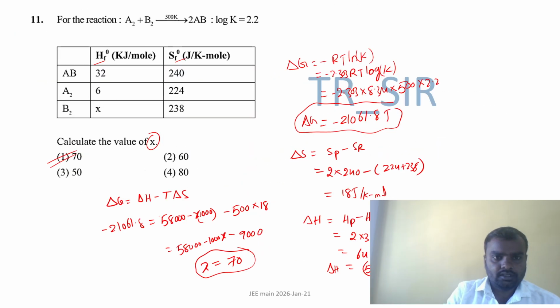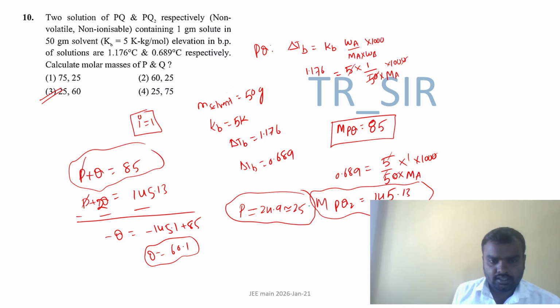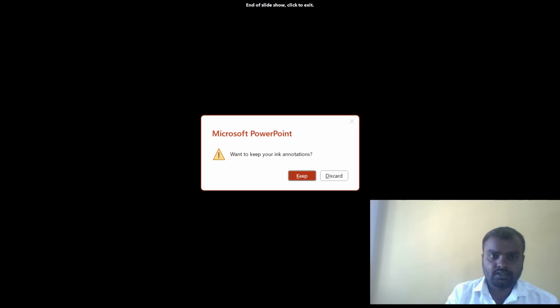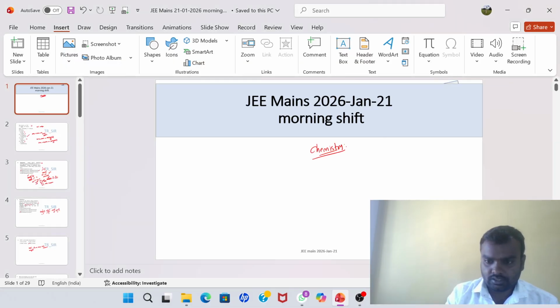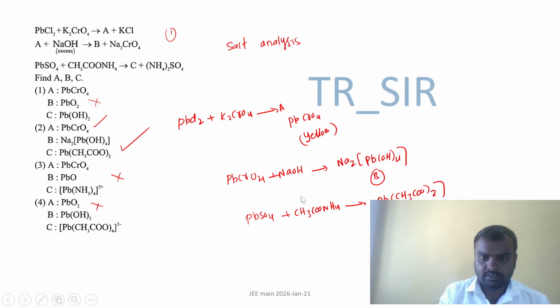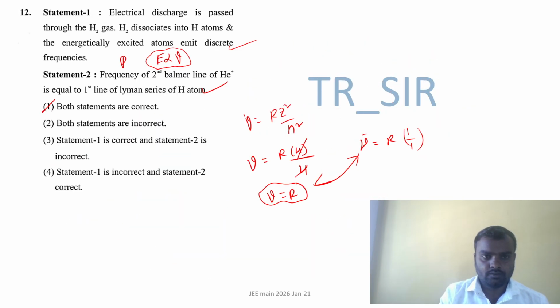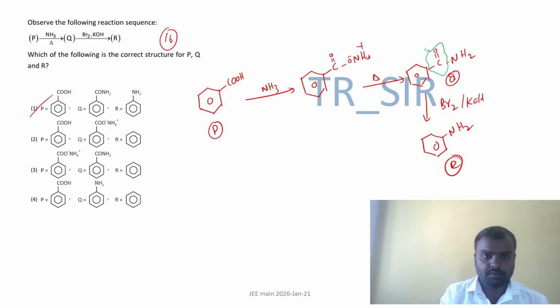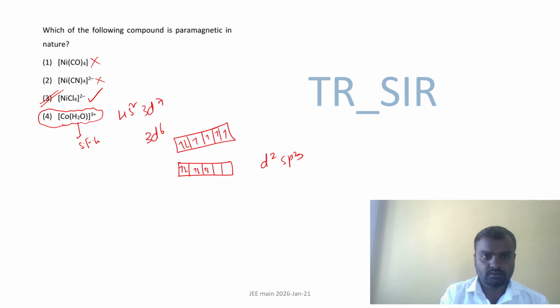In the AB2 case, how much molar mass did we get? 145. So same answer there also. 145 will be the answer for that question.